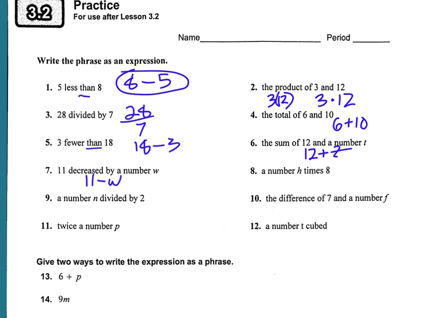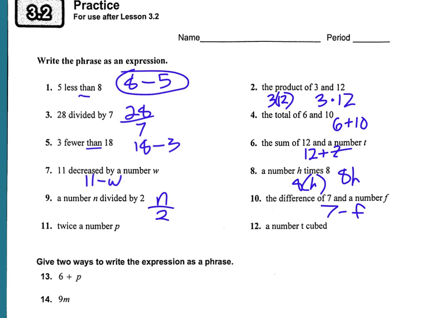A number h times 8. Well, 8h, or 8 parentheses h. Both of those work. A number n divided by 2. N divided by 2. The difference of 7 and a number f. Okay? Difference means subtract.